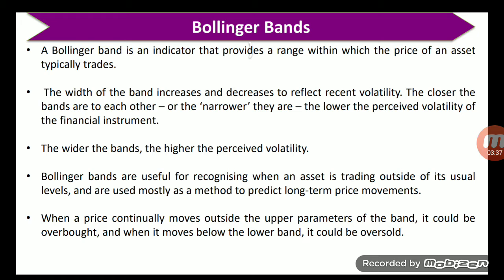So the width of the band depicts the decrease and increase in the volatility. The closer the bands are to each other, or the narrower they are, the lower the perceived volatility of the financial instrument. The wider the band, the higher the perceived volatility. So the width of the band shows you the volatility in the price.